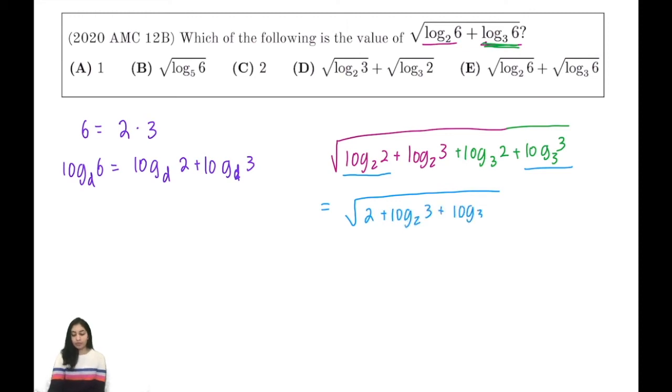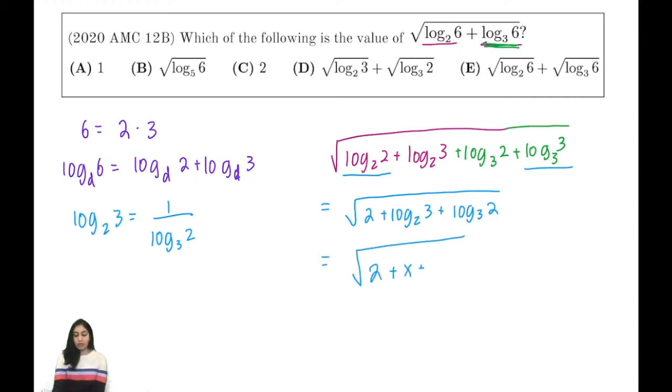So now, going back to our formula sheet, if you remember that log base 2 of 3 is actually just equal to 1 over log base 3 of 2. So if we express log base 2 of 3 as x, log base 3 of 2 can be expressed as 1 over x.